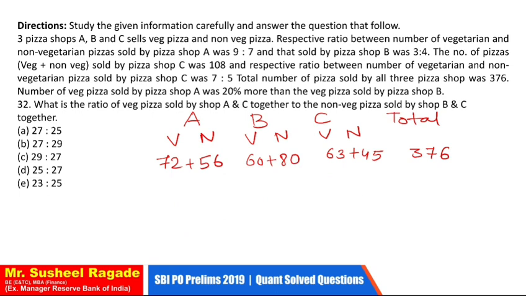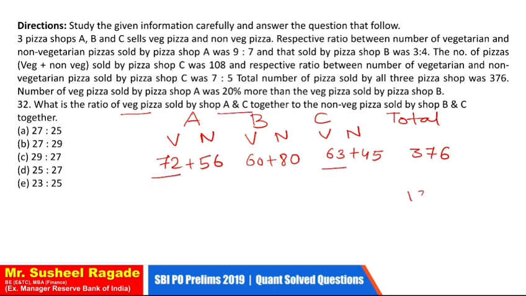In the next slide, I have directly written the values so that it will be easy for us to find the answer. Now let us see the second question. Now I have written all the values, veg and non-veg pizzas of A, B, C respectively. What is the ratio of veg pizza sold by A and C together?